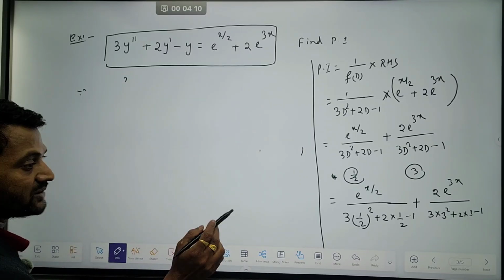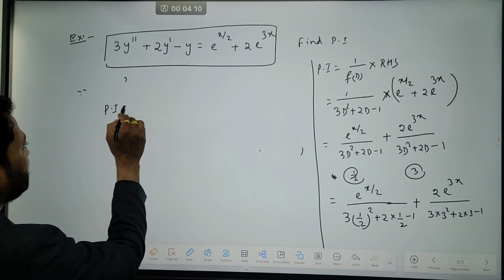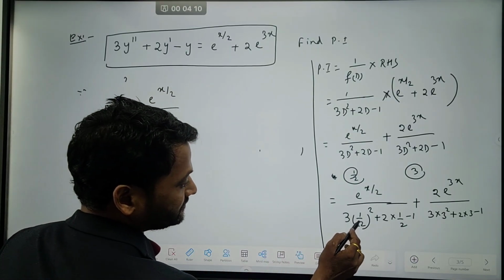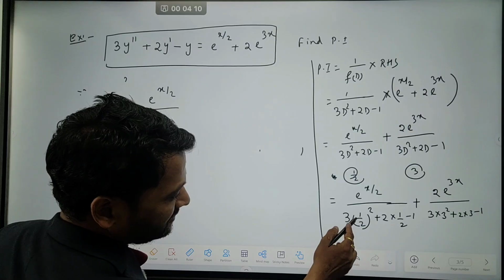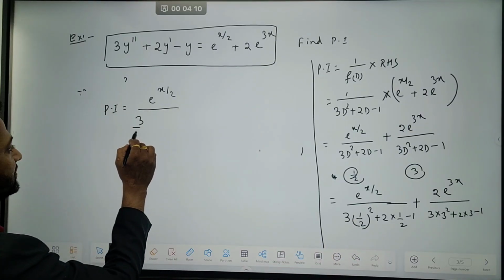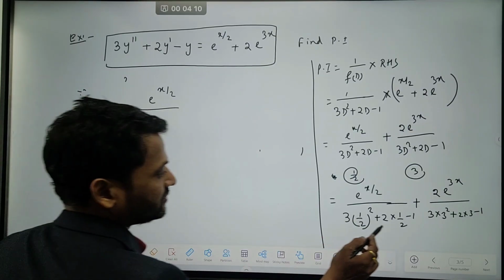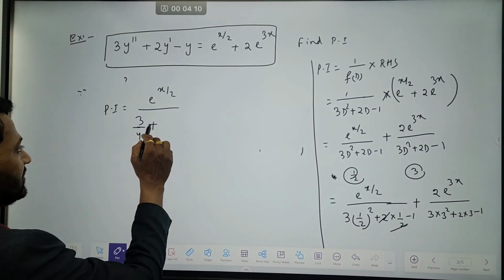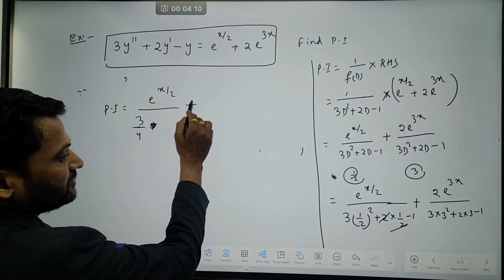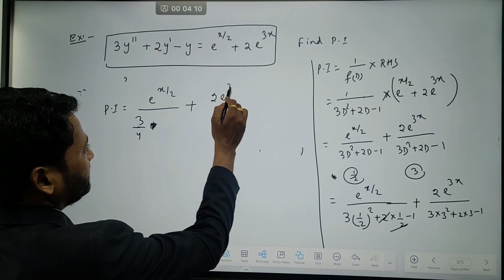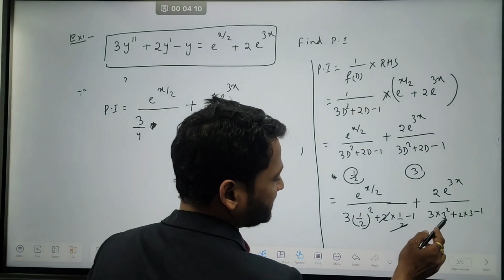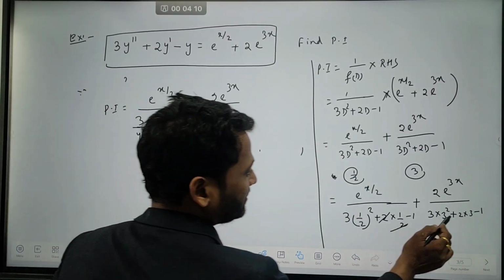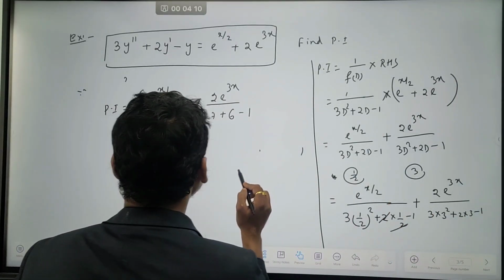So next, PI is equal to e to the power x by 2 by 3 by 4, which is 3 by 4, plus 2, plus 1 minus 1 cancel. So it is only 3 by 4. Plus 2 into e to the power 3x by 3 square, which is 9. 9 into 3 is 27, plus 2 into 3 is 6, minus 1.